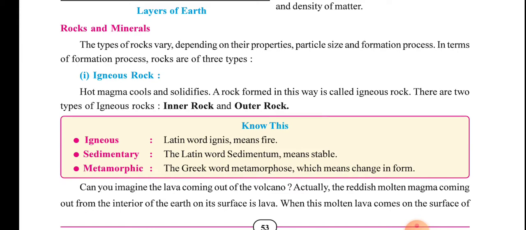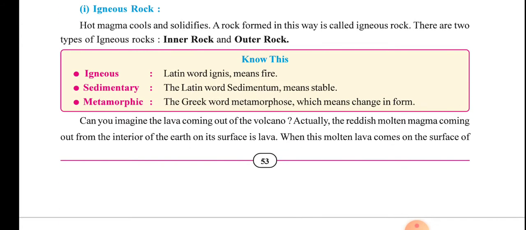There are two types of igneous rocks: the first one is intrusive rocks and the second one is extrusive rocks. To know this: igneous is a Latin word, ignis means fire. Sedimentary is a Latin word, sedimentum means settling. Metamorphic is from the Greek word metamorph, which means change in form.